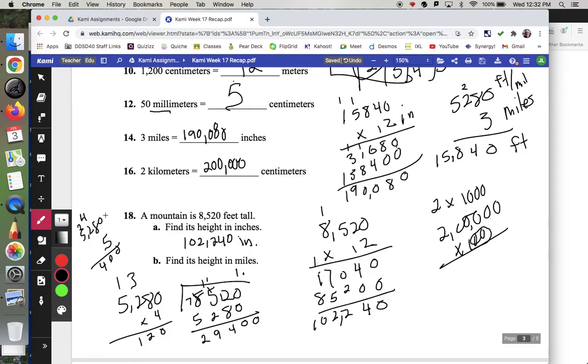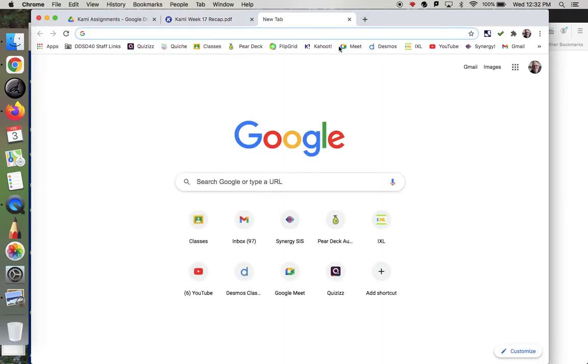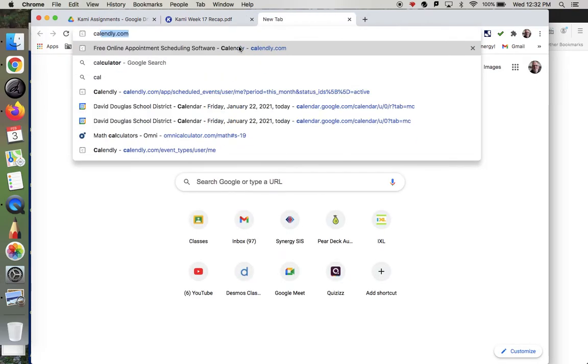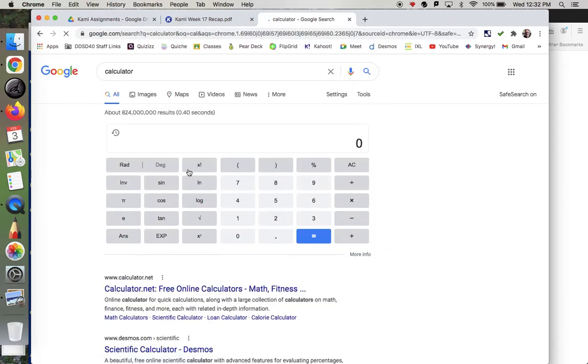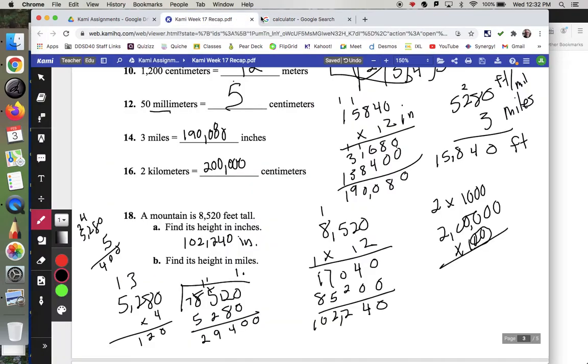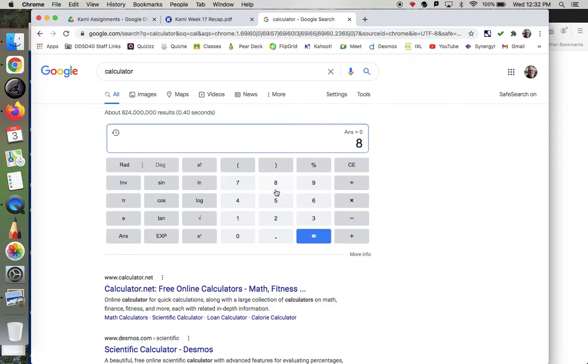Well, actually, what I'm going to do is grab a calculator real quick just to speed this up, which is what you might want to do. So we're going to do 8,520 divided by 5,280, and it is 1.61, so we would round it to around 1.6 miles.